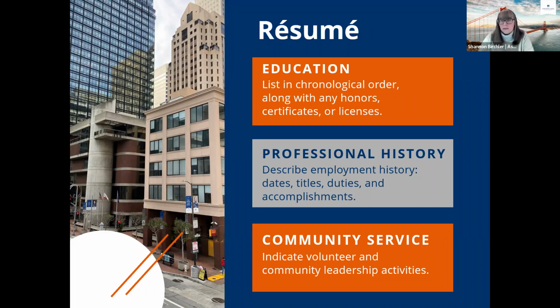We'd also like to see your professional history. Maybe you're coming straight out of undergrad into law school. I still really want to see, did you work while you were in your undergraduate curriculum? It helps me to see, maybe you didn't get a 4.0 in undergrad, maybe you trended around that 3.1 mark, but you were working full time because you had significant financial obligations and you had to balance bringing in an income while pursuing your undergraduate education.